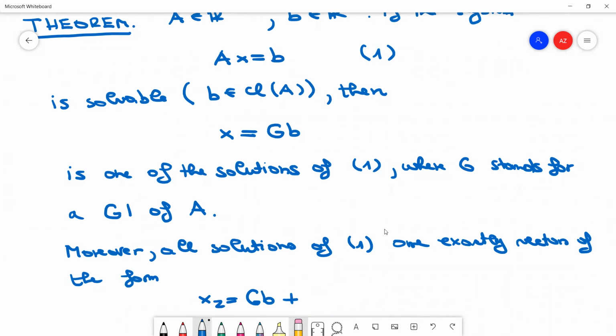And then we can also add something from the kernel of A. So if Gb is one of the solutions, and then we add something from the kernel of A, then this is also a solution of the system, because something from the kernel will be annihilated by A. So we won't change the right side. Here we could add anything from the kernel, but we don't need to compute the kernel, because the theorem says that the kernel is precisely (GA minus identity) times z, where z is any vector from R to the power of m.